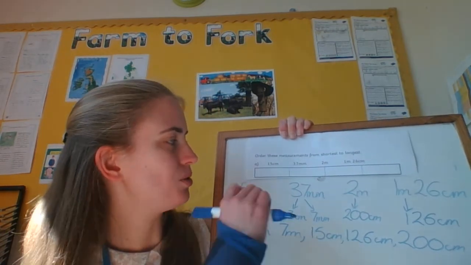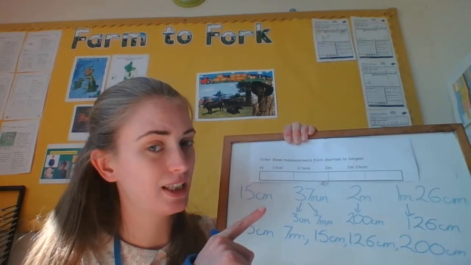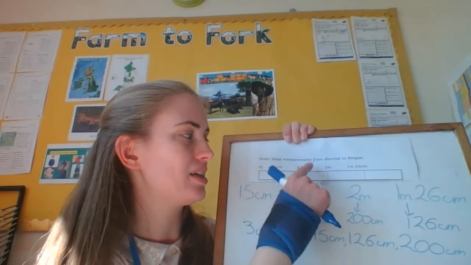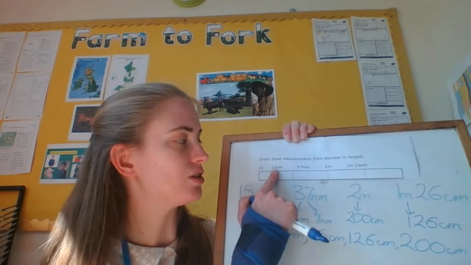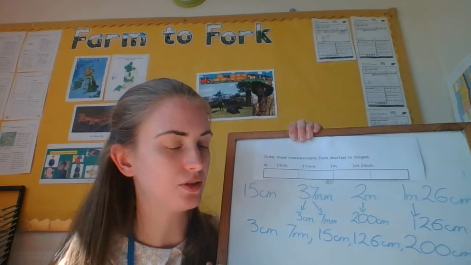But they're not quite the measurements they gave me in the first place. So I now need to put them back into these measurements because it asked me to sort these ones in these units. So I need to put them back in that order.